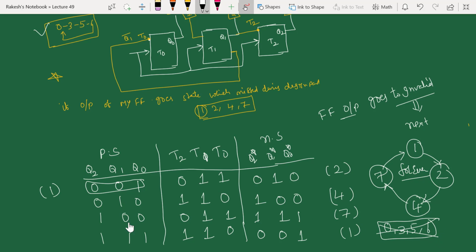If the counter goes to one of the invalid output states, it will be in this 1, 2, 4, 7 loop forever. We'll test this observation by making all the flip-flop outputs 7, then we'll see whether 7 goes to 1, 1 goes to 2, 2 goes to 4, and whether it stays in the loop forever or not, using DEET software. We'll see in a moment.